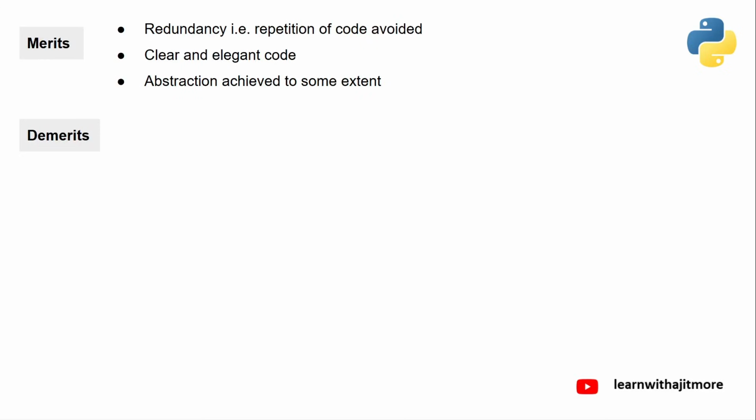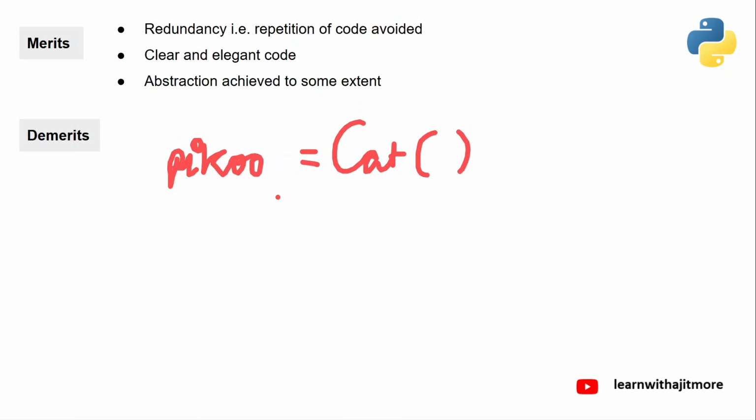So what that drawback is: when you create an object, suppose you're creating object Piku equal to cat, and you forgot to call set data, means you forgot to initialize the properties of this Piku, and you are directly calling meow for Piku. If I'm calling the meow method for the Piku object, understand what will happen? It will generate an error.